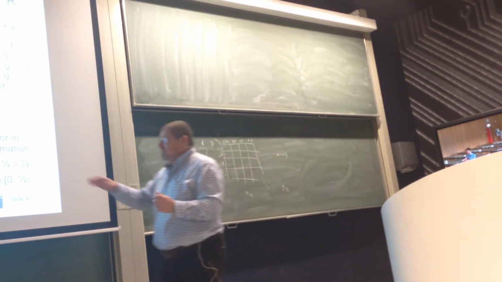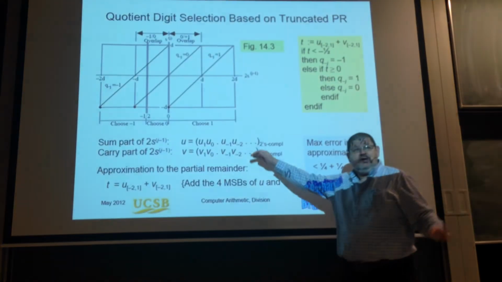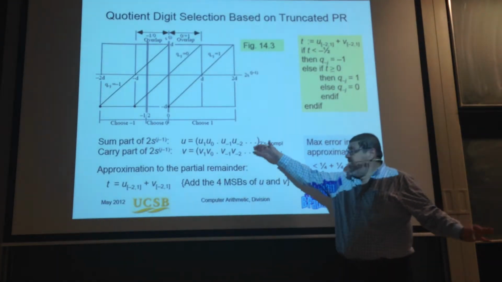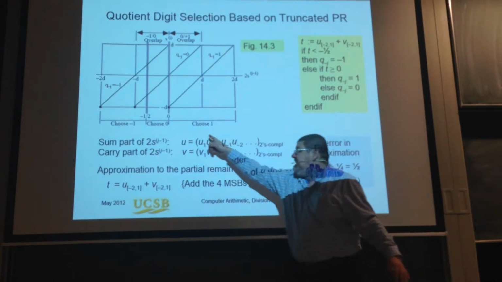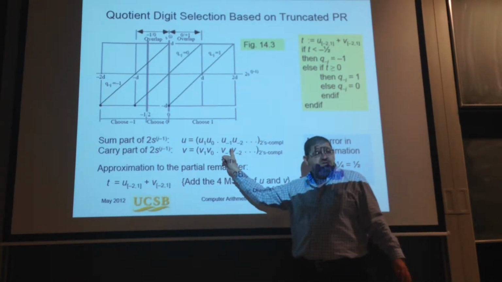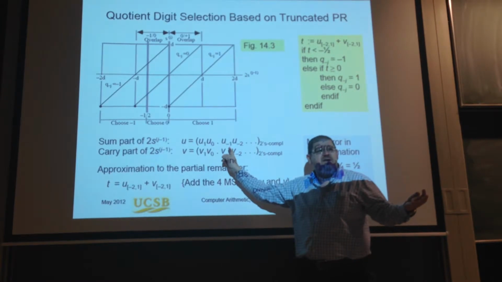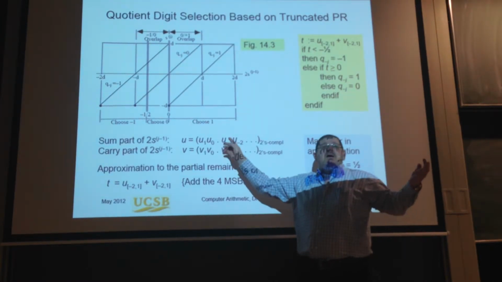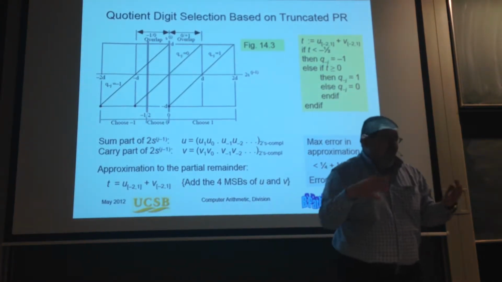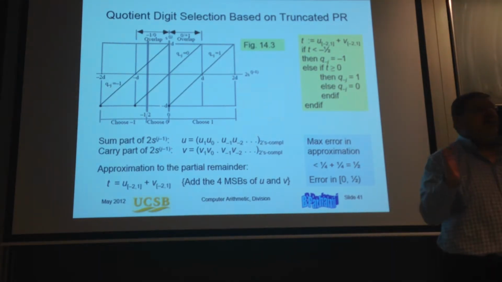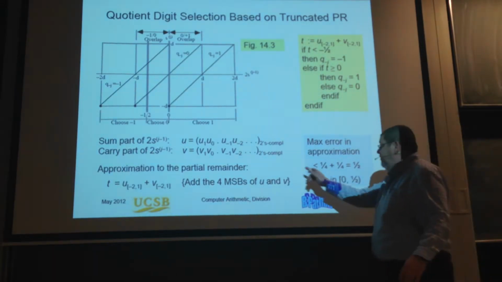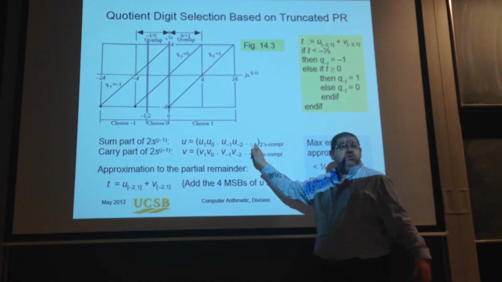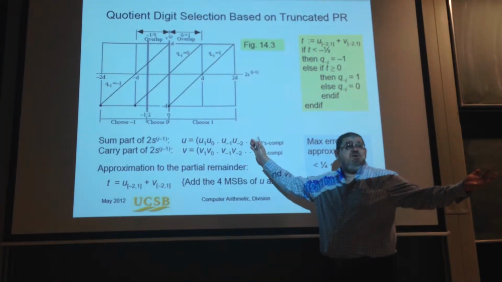Then I'm dropping bits in order not to propagate all the carry. 0.25 here, 0.25 here. Then the result, which is here, which is the partial remainder, will be no more than 0.5 far away from the actual partial remainder. The error can be 0, or if all of those are 0, then I have a precise approximation.